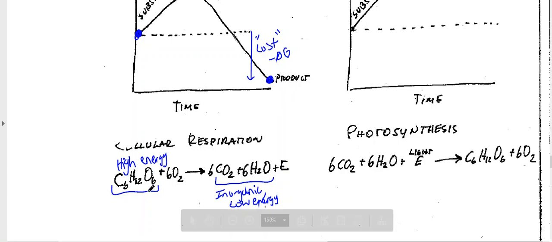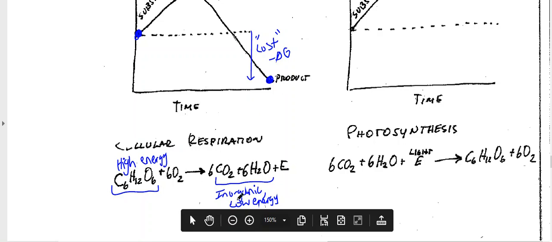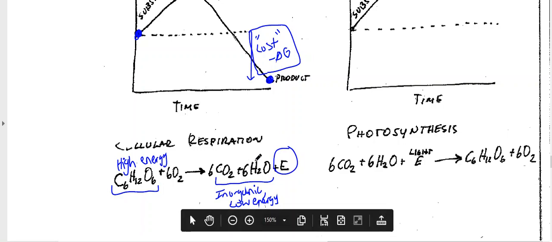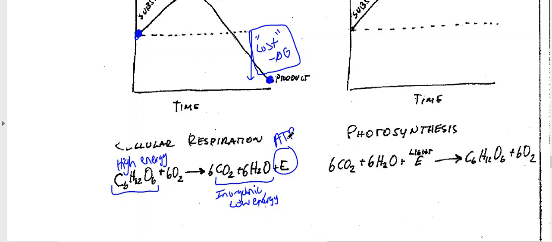So this is a catabolic reaction. We've broken glucose and we've gotten lower energy products. And the energy, this lost energy, this negative delta G, is the energy that we get from cell respiration. And this is what ATP is. That's what the mitochondria are going to produce.